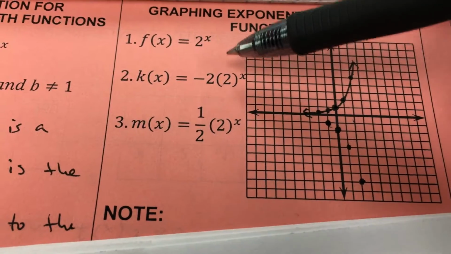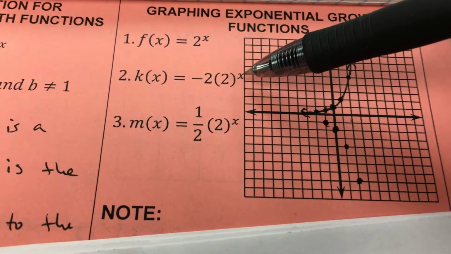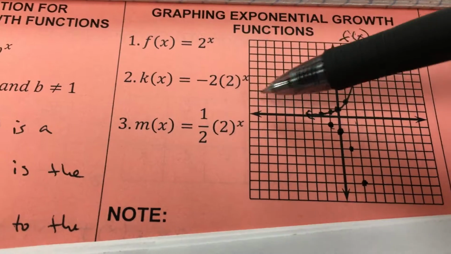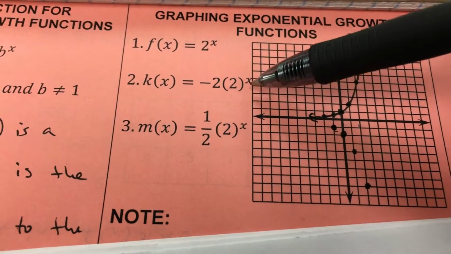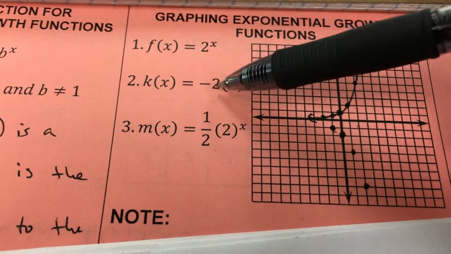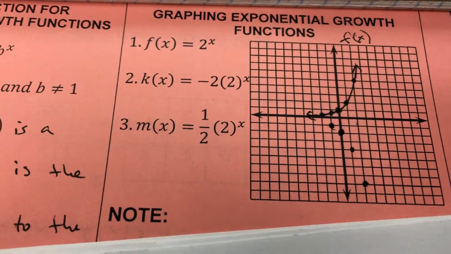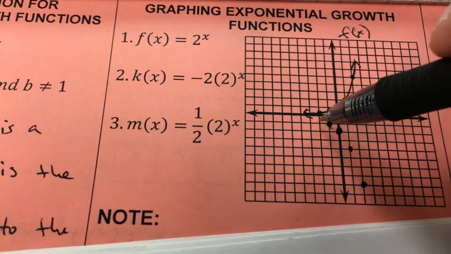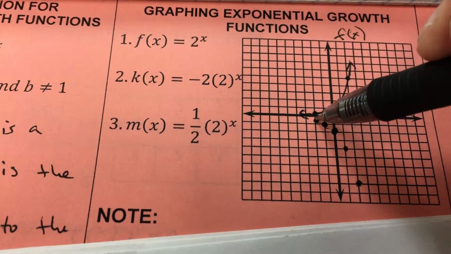And then if we put in a -2 here, it'd be 1 over 4, because 2 to the 2 is 4. And 1/4 times -2 is -1/2. So we have our last little point right here.